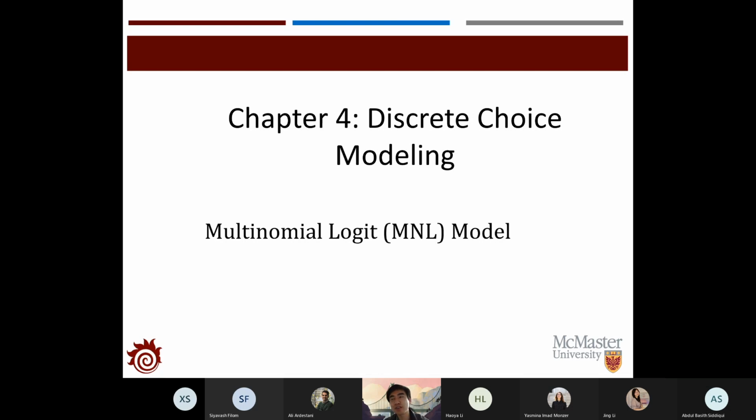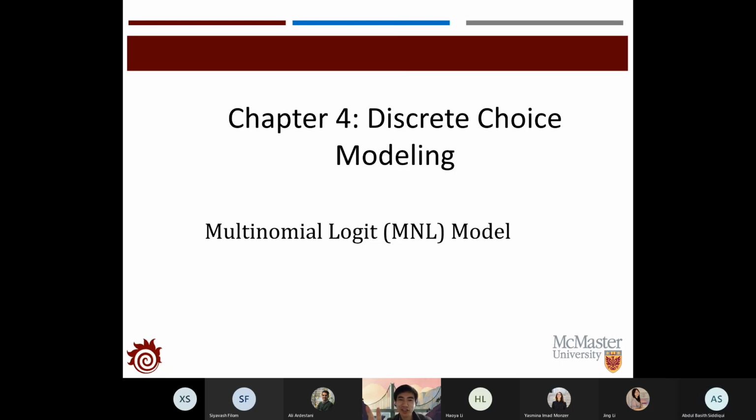Like if you're taking a bus with route 1 or route 2, then we will have different random terms defined. In that case, the assumptions about the distribution will be different, but we will show you how to set up the structure or different levels for the nested logit model. That will be covered in the lecture next week.